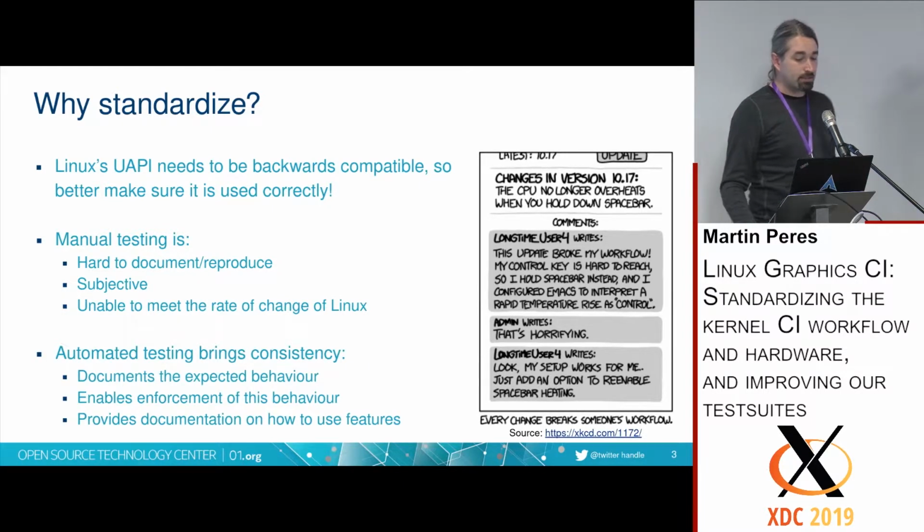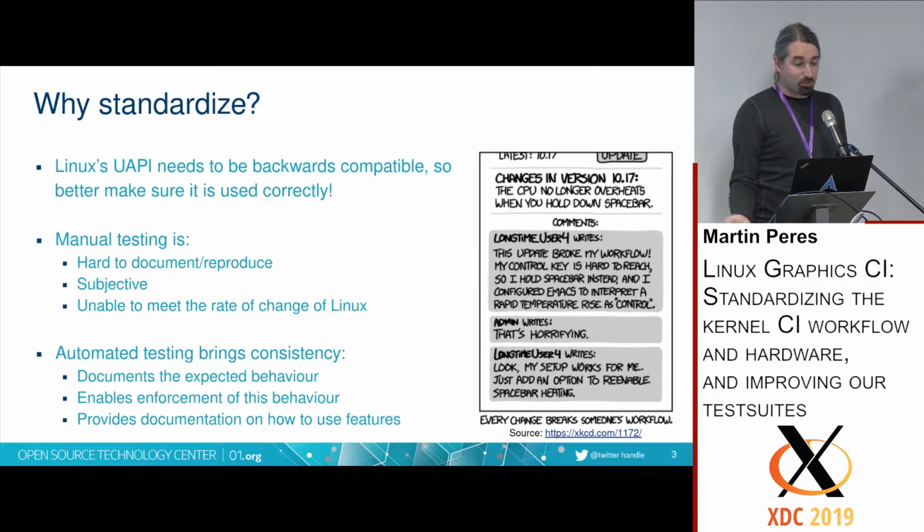And then automated testing actually brings consistency, which is basically getting rid of the problem that I was mentioning, the hard to document and reproduce, and also the subjectivity of what is actually a pass and a fail. And obviously, it is something that can meet the rate of change as long as you provide enough machines, but it's easier to buy machines than getting humans to do things properly.